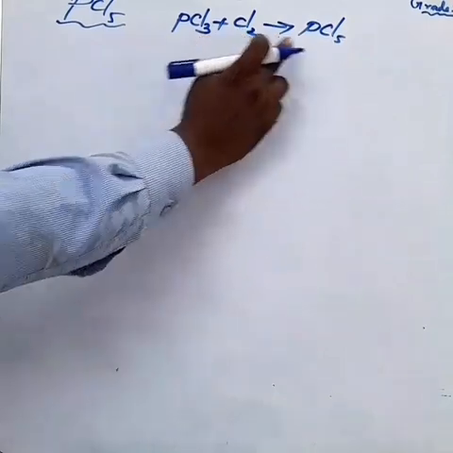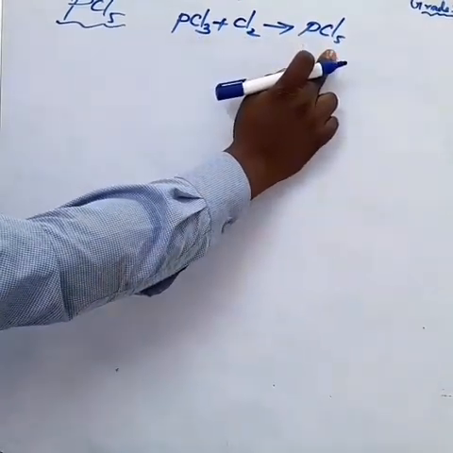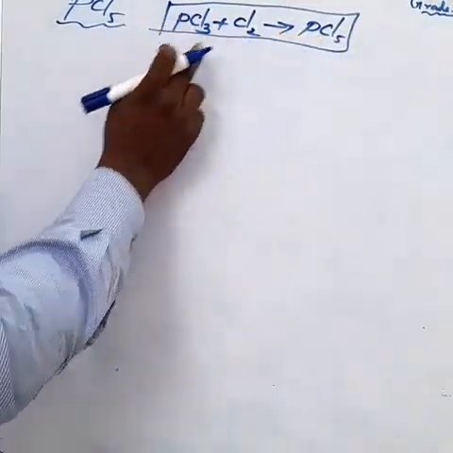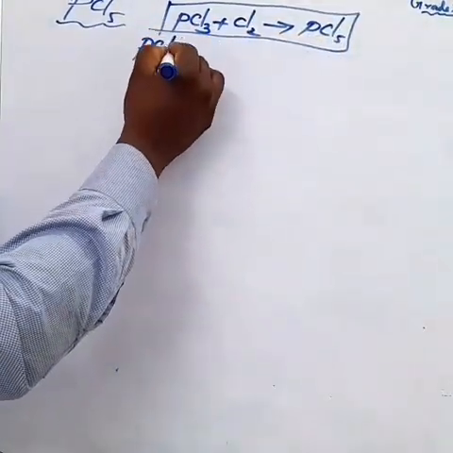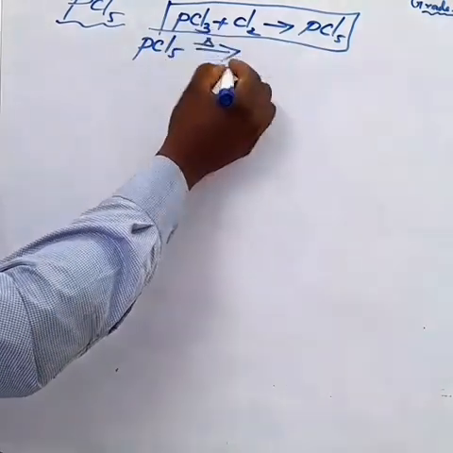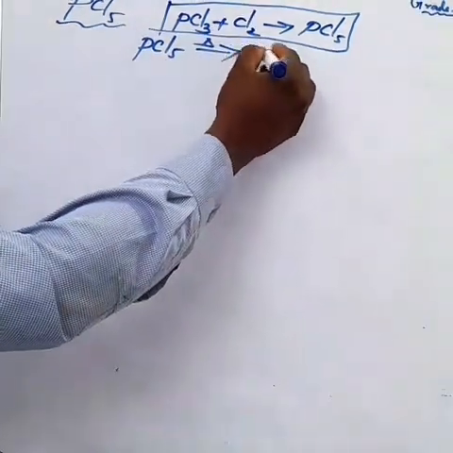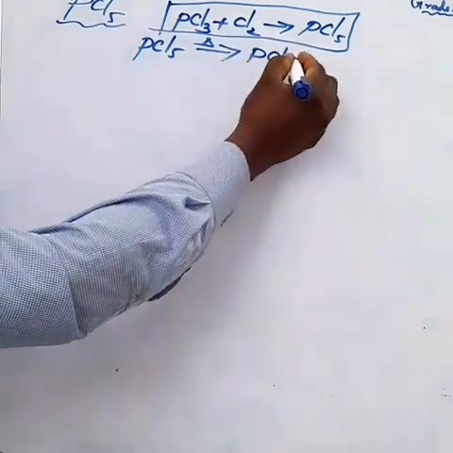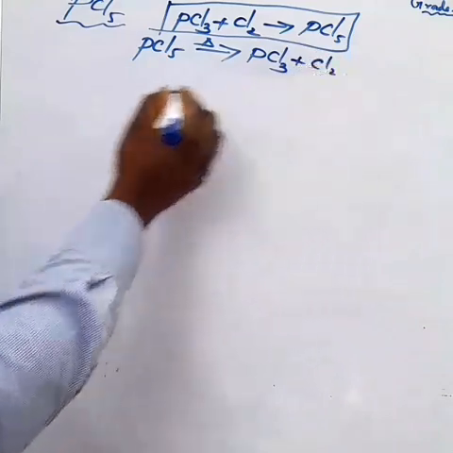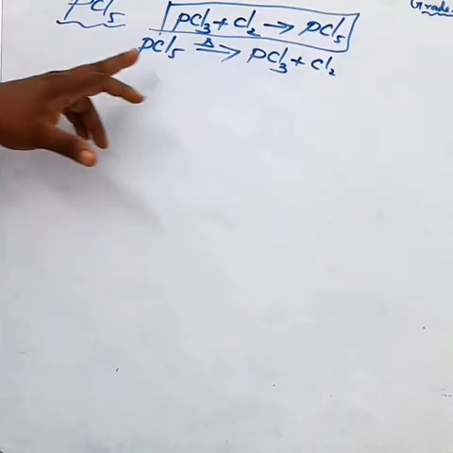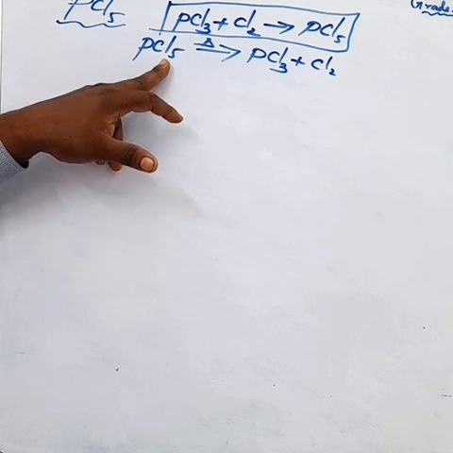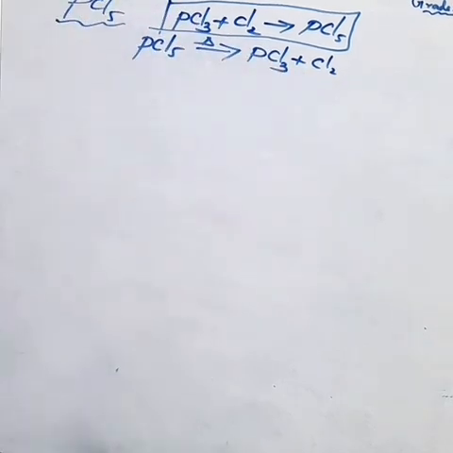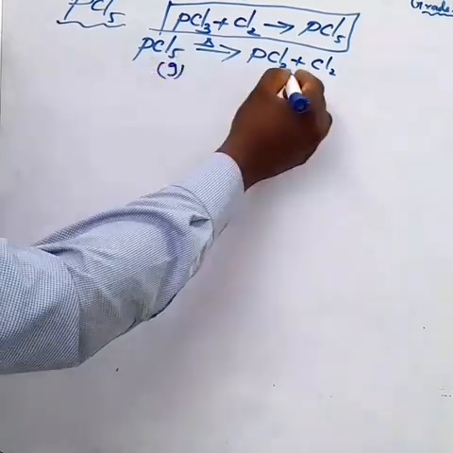We get phosphorus pentachloride. One of the very important questions: the phosphorus pentachloride undergoes decomposition on heating. We get phosphorus trichloride and also chlorine. We can write the equation: PCl5 gives PCl3 plus Cl2. These are all in the gaseous state.